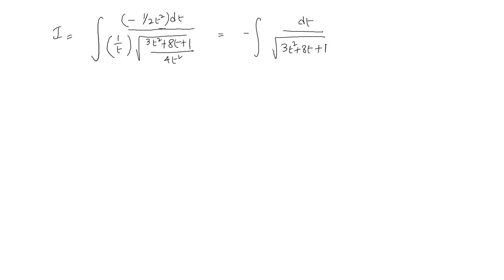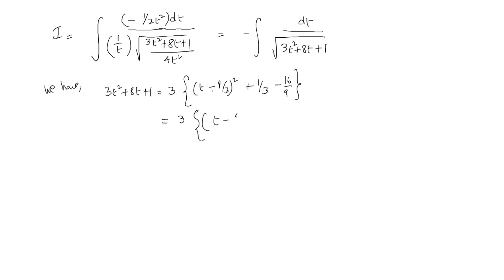So we have 3t square plus 8t plus 1 is equal to 3 times (t plus 4 by 3) whole square plus 1 by 3 minus 16 by 9. Okay, so we get this as 3 times ((t plus 4 by 3) whole square minus (root 13 by 3) whole square).